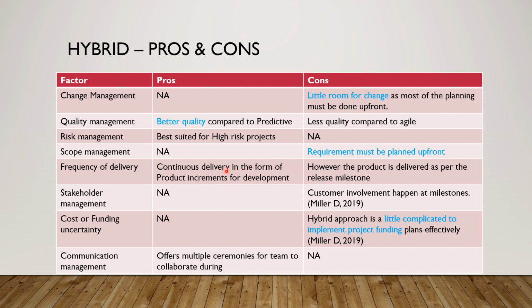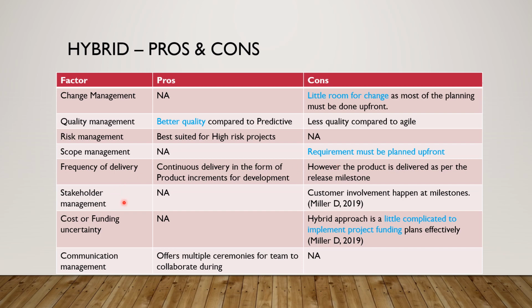On the advantage side, the development and system testing are done in increments. Therefore, some portions of the project are still delivered incrementally. However, the overall final product, when it is released to the customer, still follows the release milestone, meaning it is a single big bang delivery to our end customers. Therefore, it is not matching the expectation that we have with the current project.